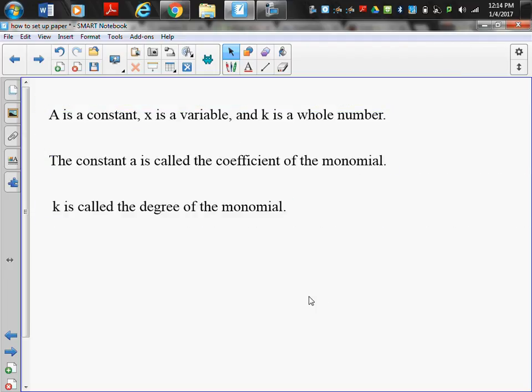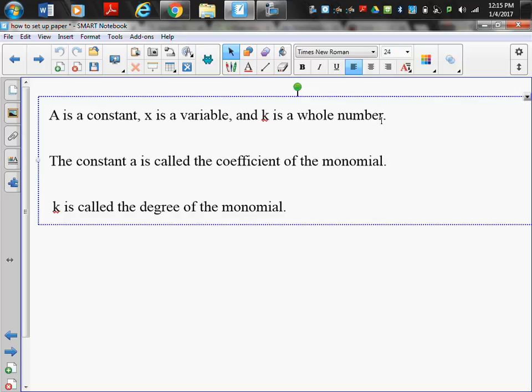A, the letter A, represents your constant. X represents a variable, and K represents a whole number exponent.